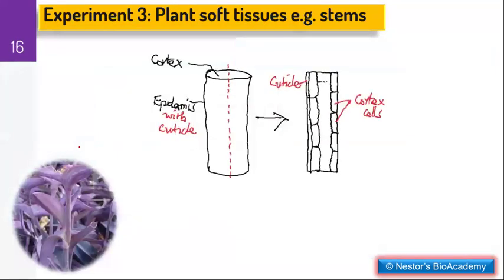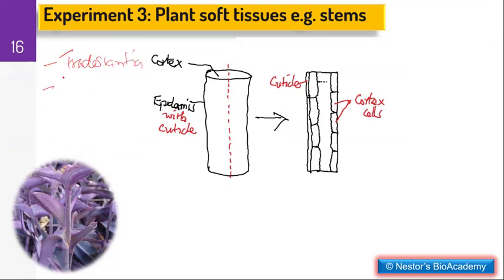Then we have this other case where we use soft tissues of plants like a stem. A very common case is that we can give you softer stems of plants. Most of the times we can even give you stems of Tradescantia, like the one you're seeing here.